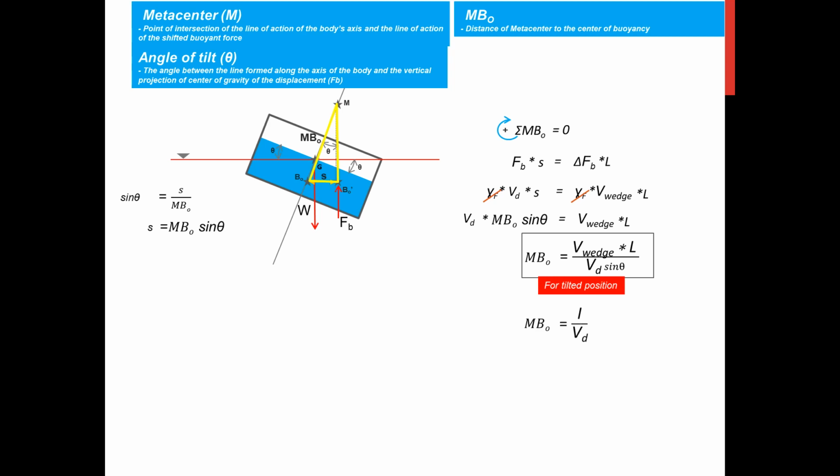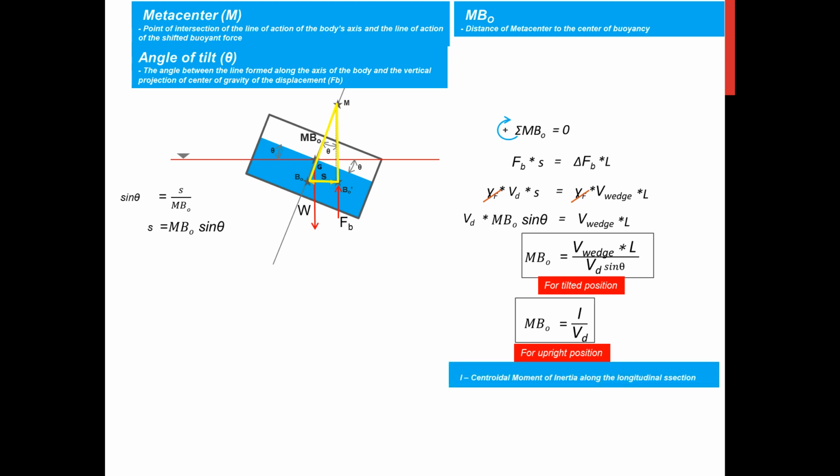We can also say that MBO is equal to I all over the submerged volume. This is applied for an upright position, wherein I is the centroidal moment of inertia along the longitudinal section.